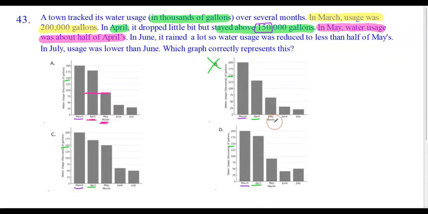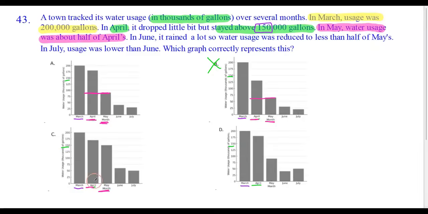Let's look at B. April, May. Does May appear to be half the size of April? Yeah, you can see that. If I cut April in half here, I get about the size of May. What about C? April, May.